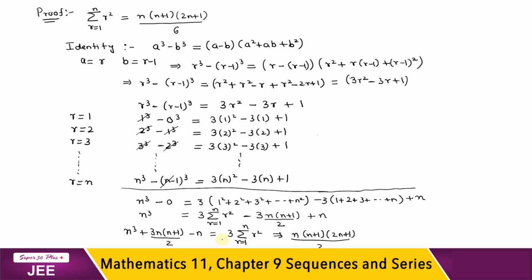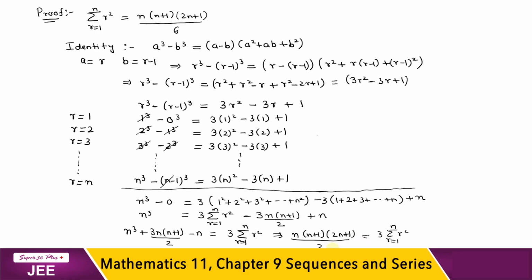And over here we have a 3 sigma r square. So now if I transpose this 3 over here, it gets divided in the denominator, and the denominator becomes 2 multiplied by 3, which is equal to 6.